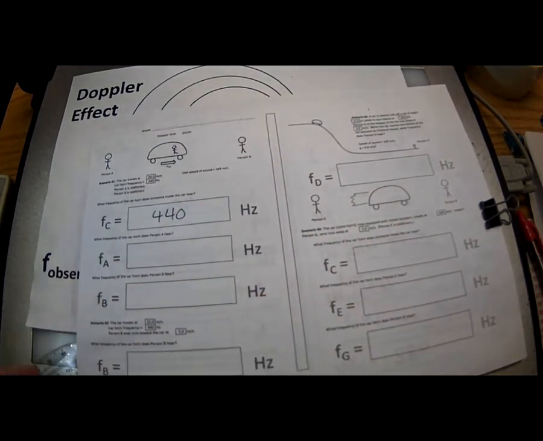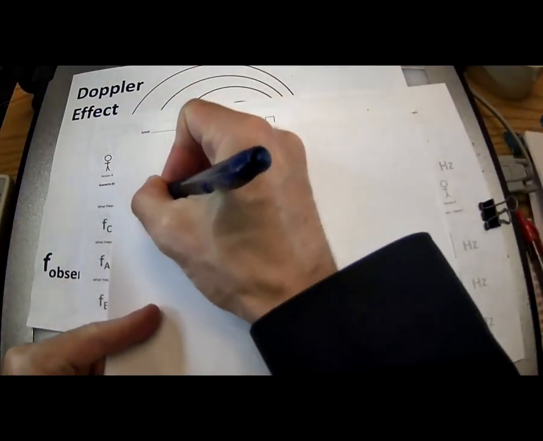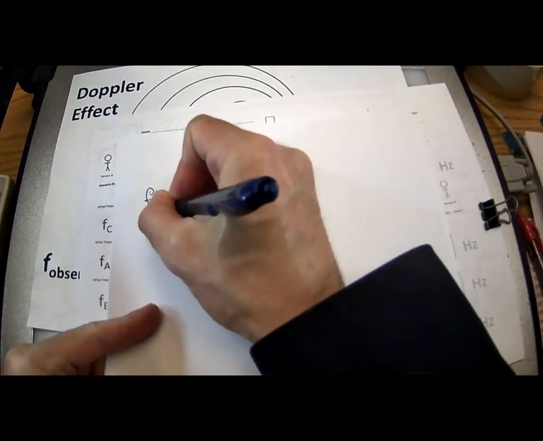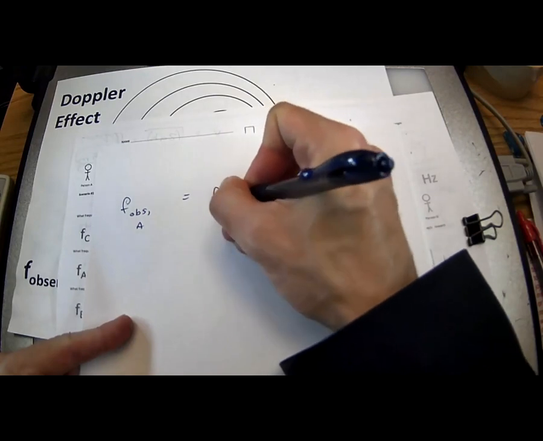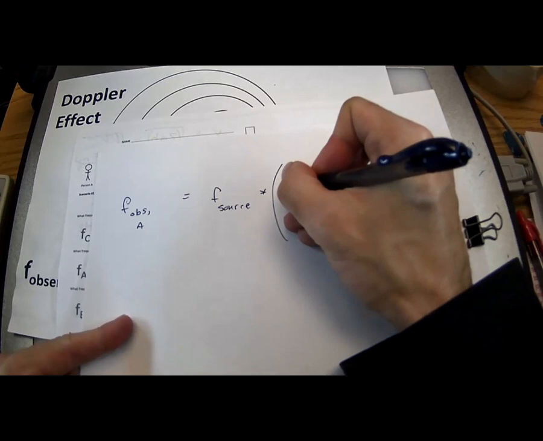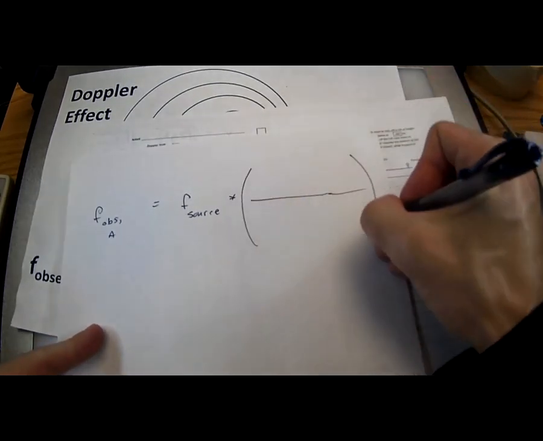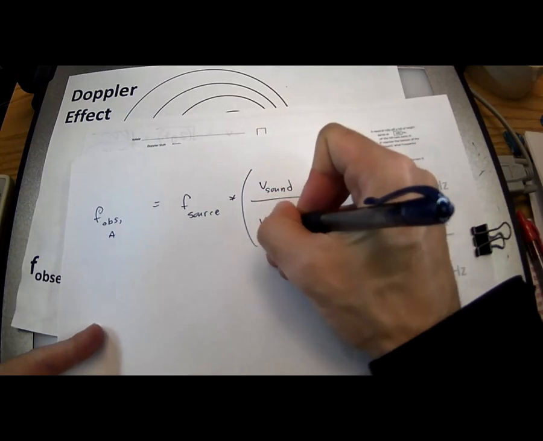So let's run the numbers. Run this equation. We got the observed frequency for person A is equal to the source frequency, multiplied by a big old ratio. Remember, the speed of sound shows up there and there.